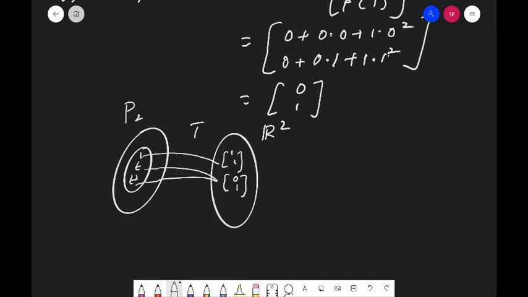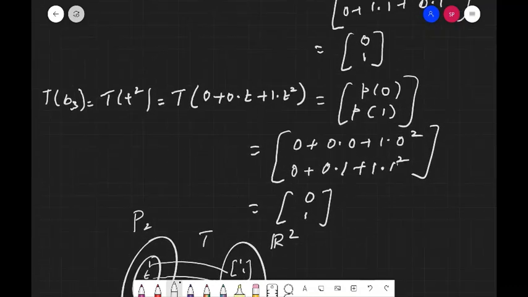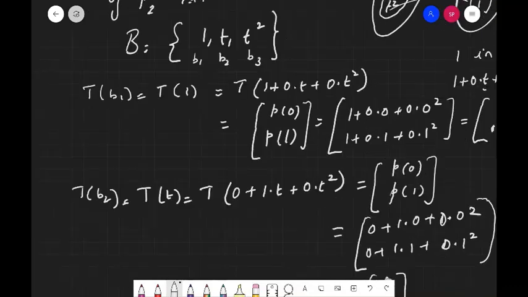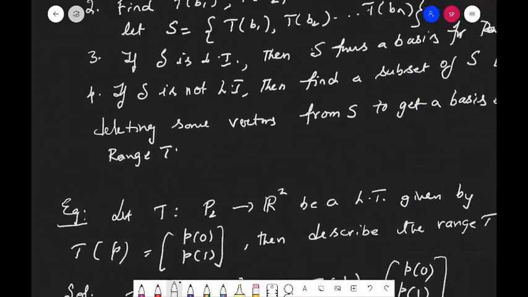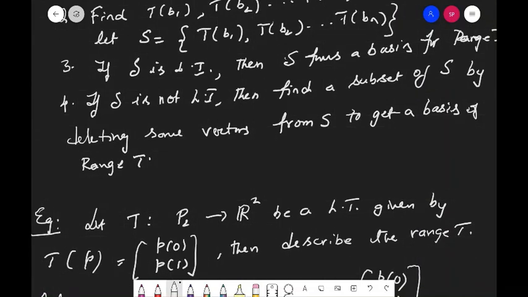Now what is our next step? The next step in the problem is that whatever these are, you may just take them in a set S.